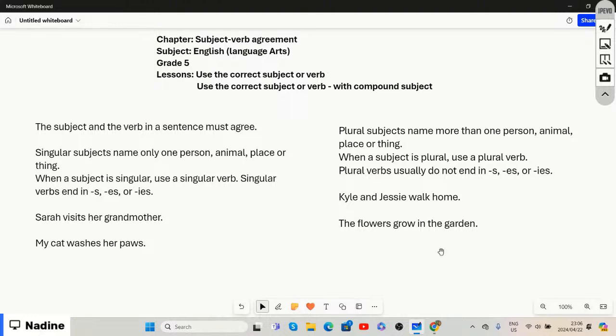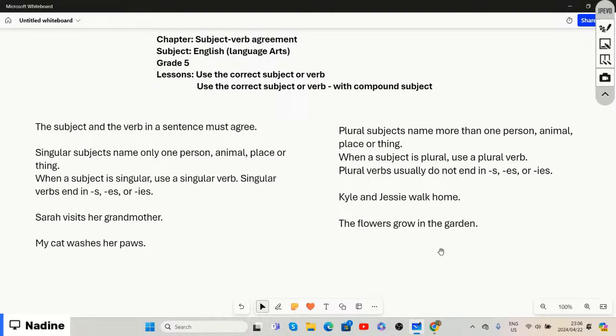So when it comes to subject verb agreement, our subject is either the person or thing that we are talking about, and the verb is the action that the subject does, right?